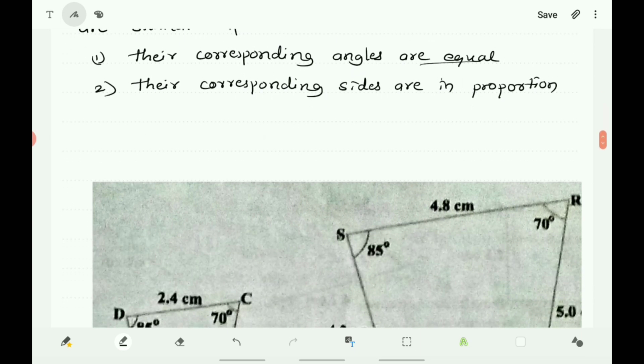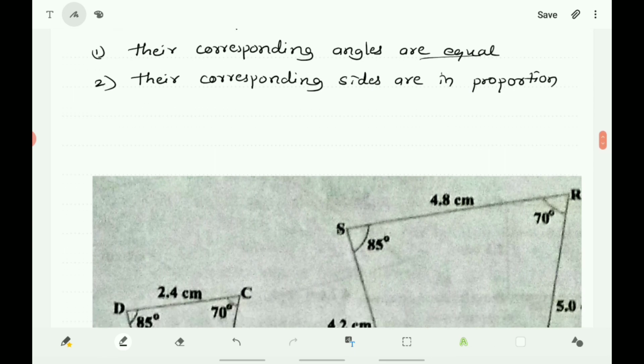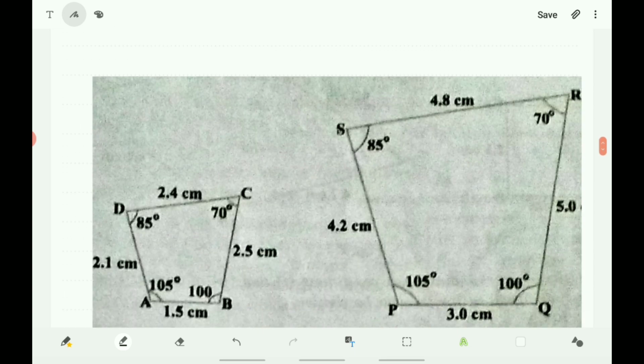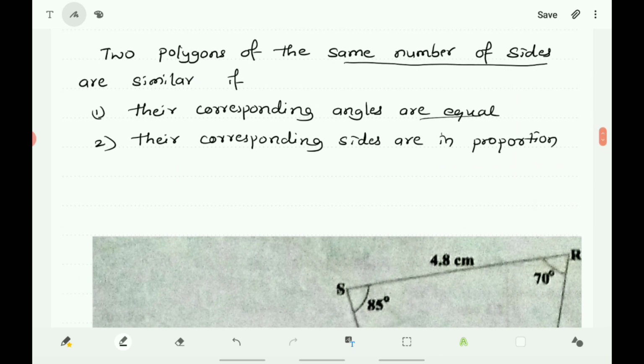So here let us take a quadrilateral. You know that a quadrilateral is also a polygon, having 4 sides. Here there are 2 quadrilaterals, so the number of sides are equal. Next, check whether their corresponding angles are equal.